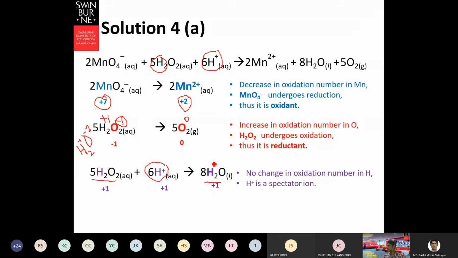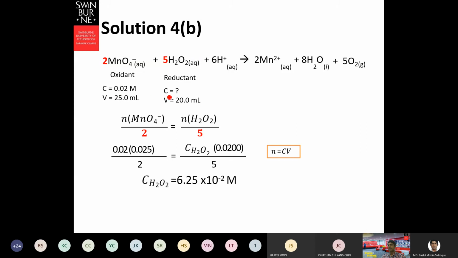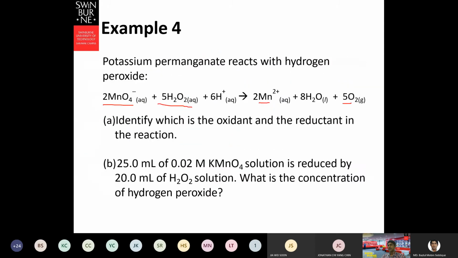It is just watching, not taking part in the reaction by contributing or taking the electron.